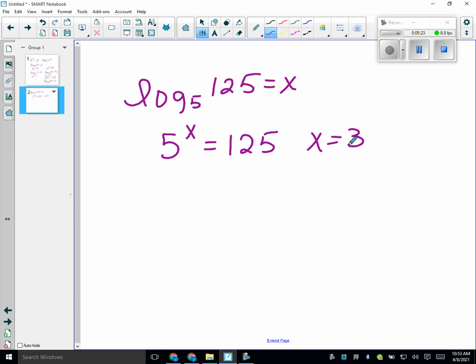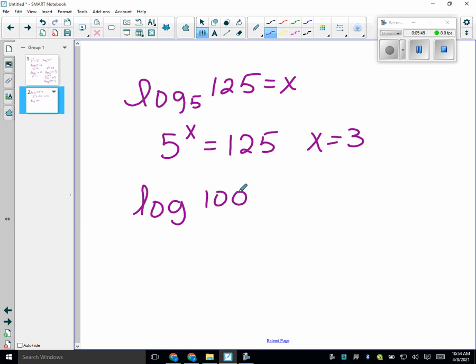So what if I have log of 100? Anytime there is not a number in the base with the word log, it is an understood base 10.